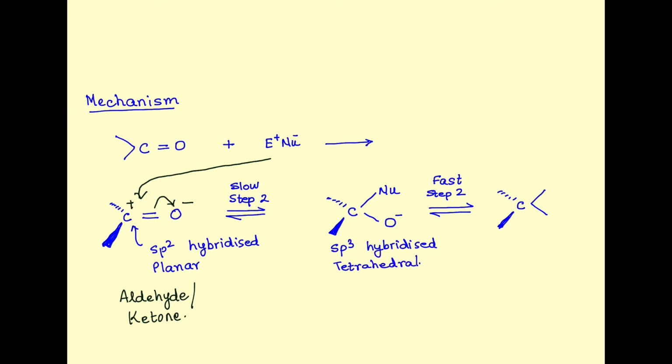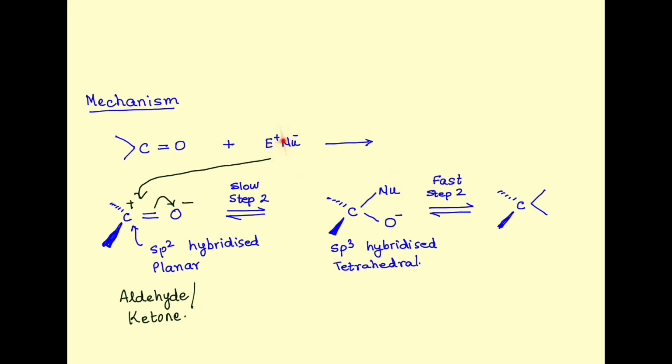I hope you are drawing along with me, or you would have paused the screen in order to draw these structures first. Now look at what happens here. Now oxygen sees, oh my, look at this, carbon is so happy being stabilized by the nucleophile, whereas I am carrying the burden of these electrons alone. What do I need to do? Okay, it offers its electrons to the E positive part.